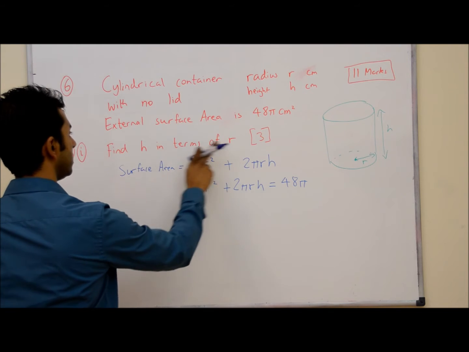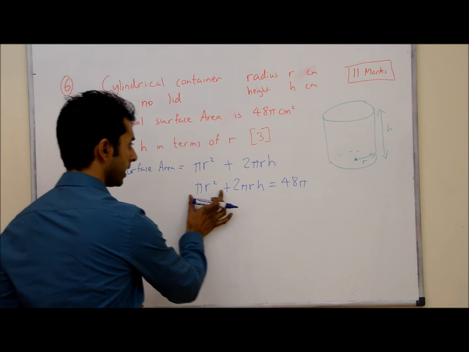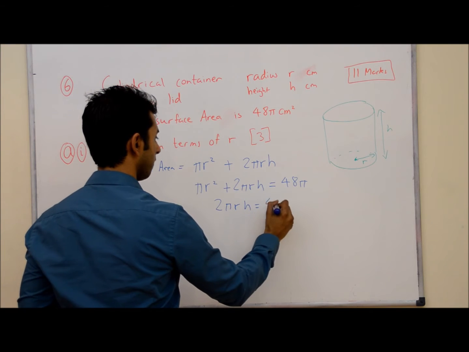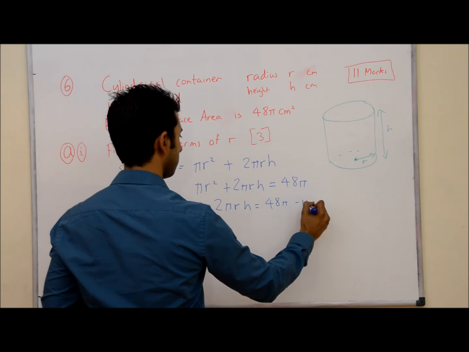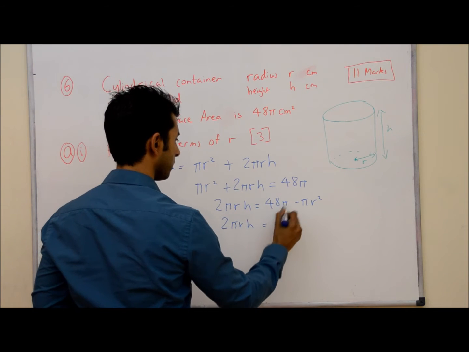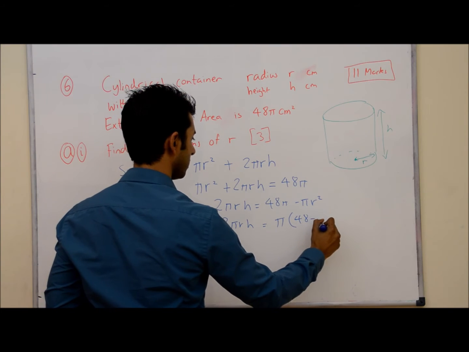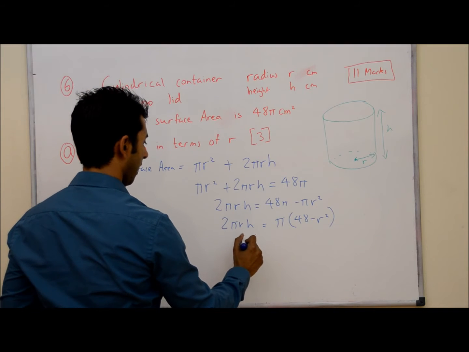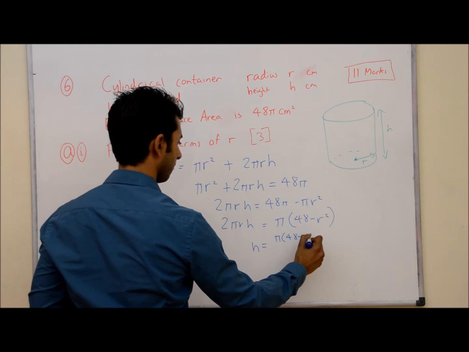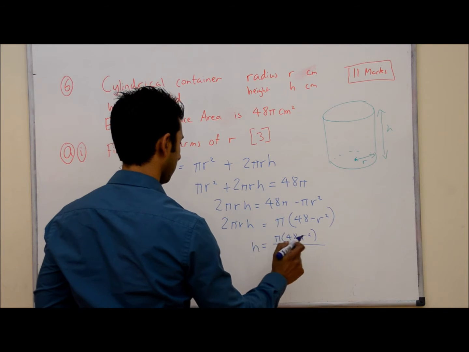Now we need to find h in terms of r, so we just need to make h the subject of this. So let's take across the pi r squared, so we end up with 2 pi r h is 48 pi minus pi r squared. 2 pi r h equals, we can take our common factor of pi, so pi bracket 48 minus r squared, and h is equal to this divided by 2 pi r.